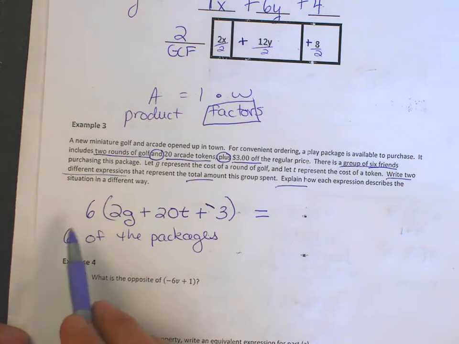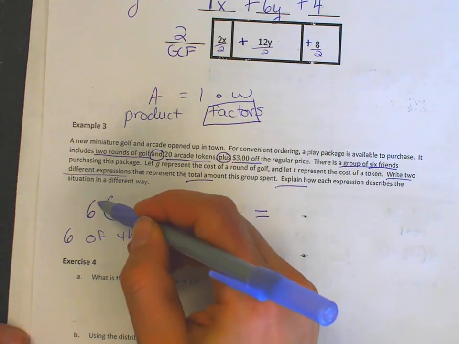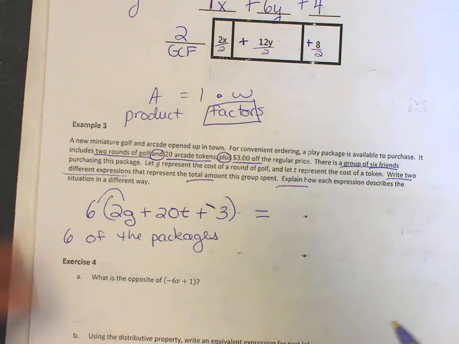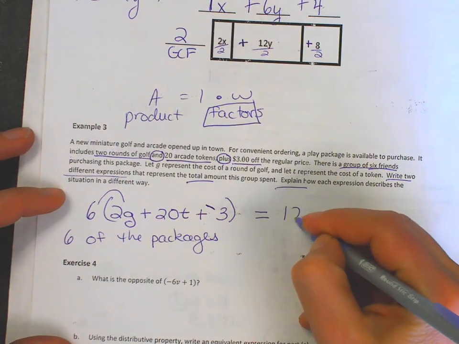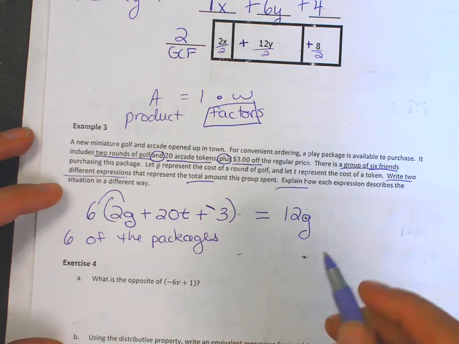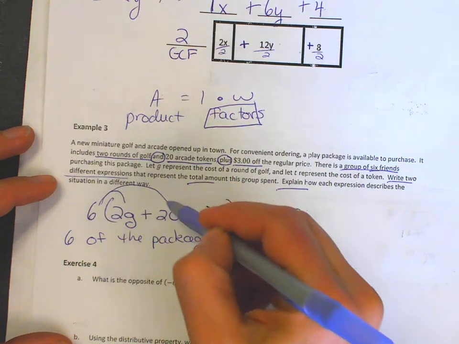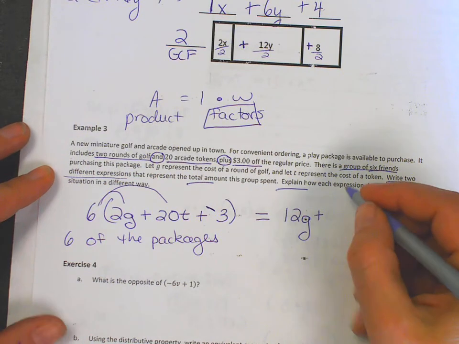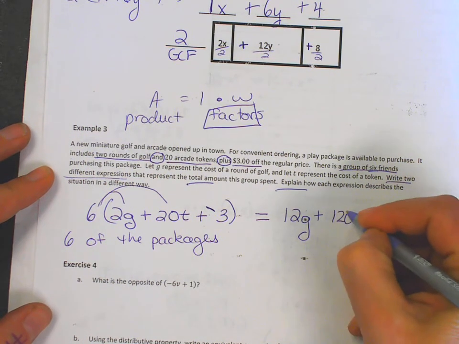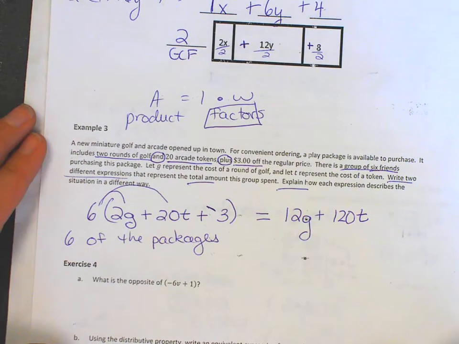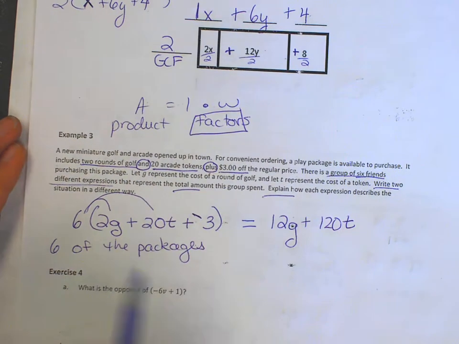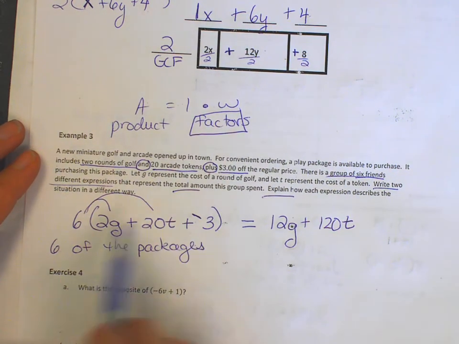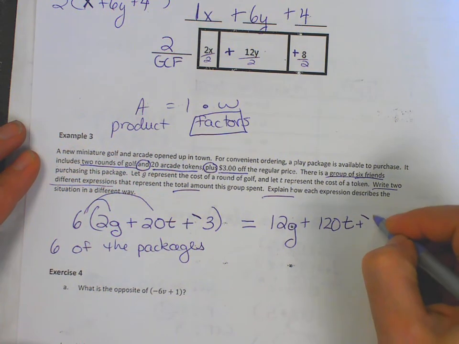If I have 6 of these packages, I've got 6 of these 2 games of golf, otherwise known as 12 games of golf. And 6 of these 20 tokens, well, 6 times 20, 6 times 2 is 12, and then add that 0 on, is 120 tokens. Make sure you mark that T curvy. And then if I get $3 off 6 times, I have taken off $18.